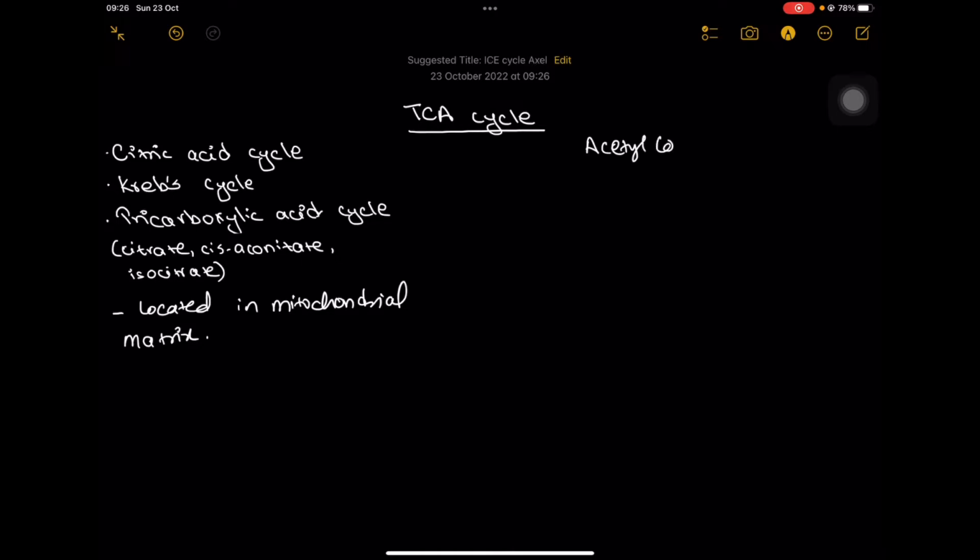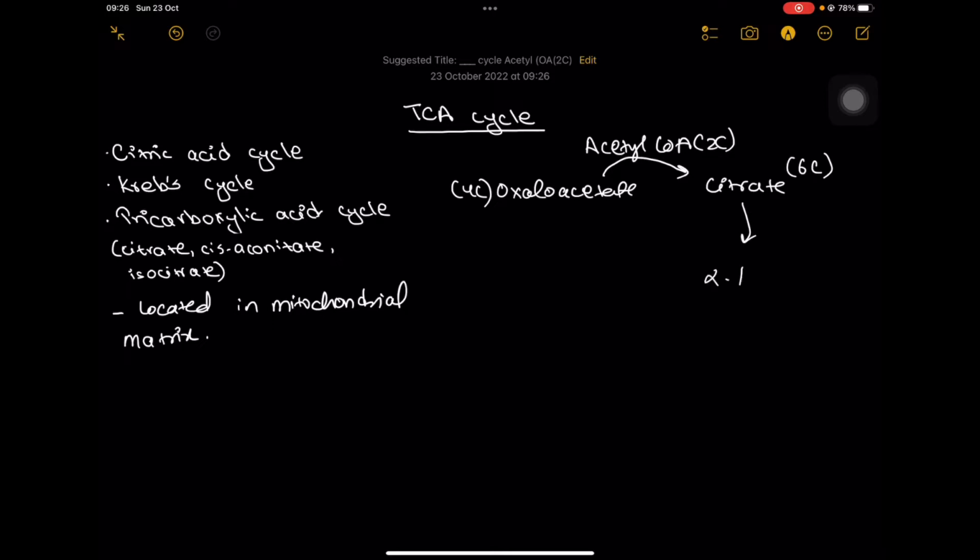Acetyl CoA is a 2-carbon structure, and when it combines with oxaloacetate, which is a 4-carbon structure, it will give rise to citrate, which is a 6-carbon structure. And in the formation of alpha-ketoglutarate, it liberates a molecule of carbon dioxide.